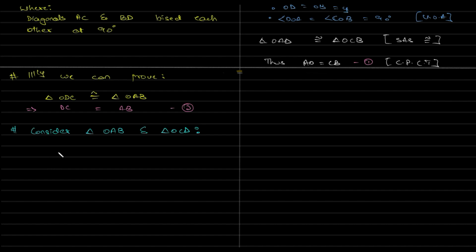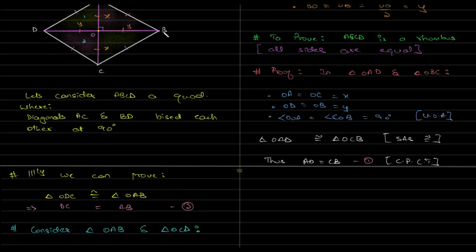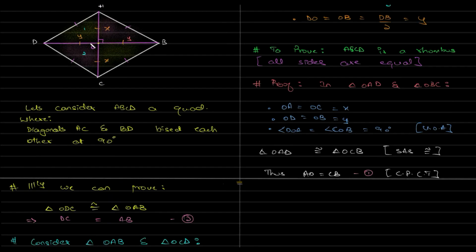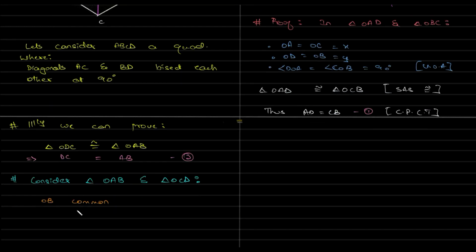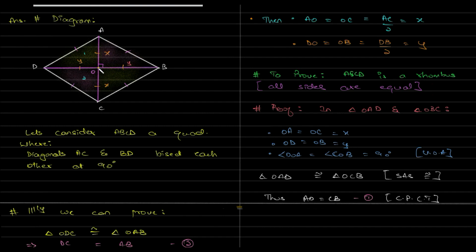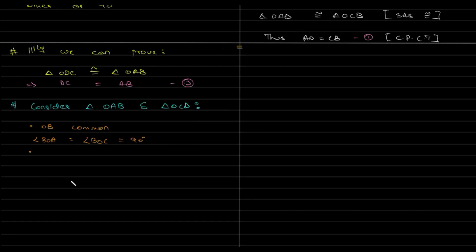So here we have OB common, then angle BOA is equal to angle BOC, which is equal to 90°, and we have OA is equal to OC, which is equal to x, right?